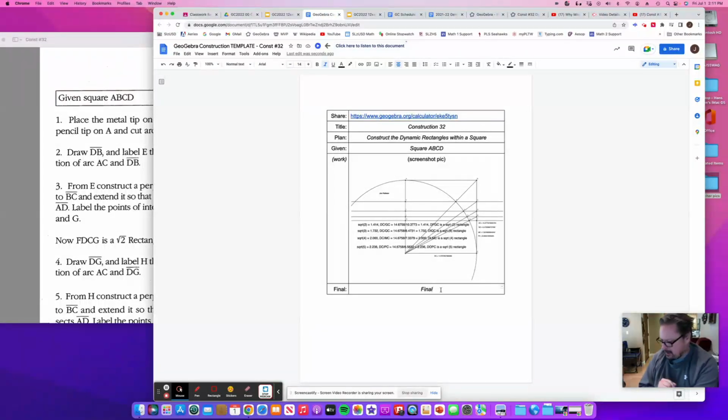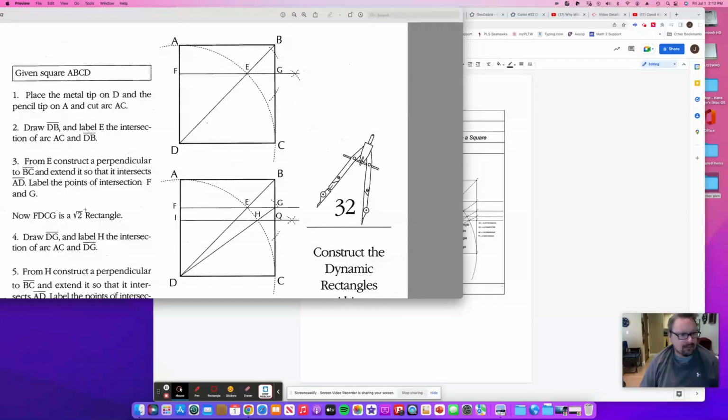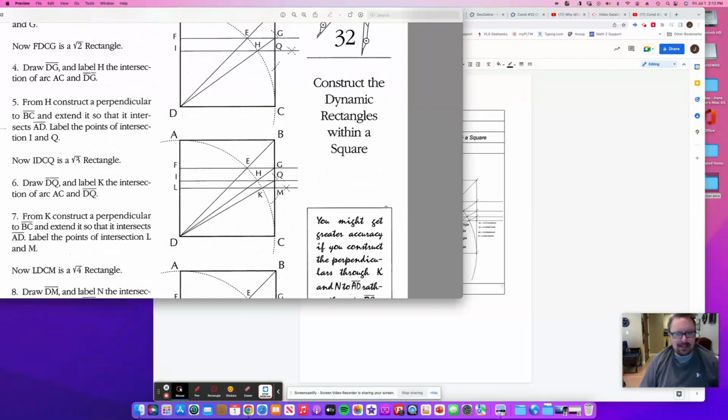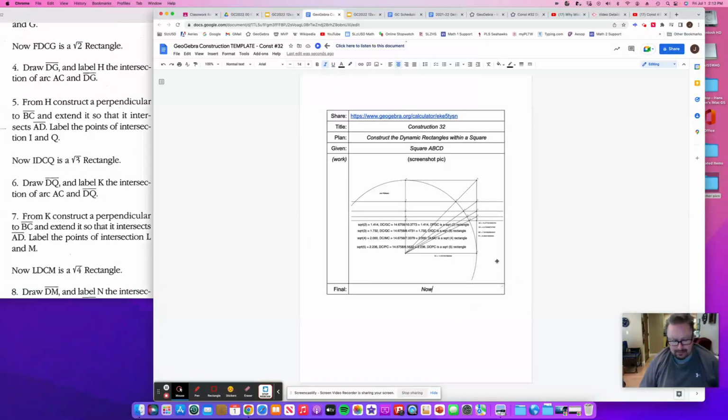Okay, and our final statements come from our spec sheet, which is now FDCG is a root 2 rectangle.